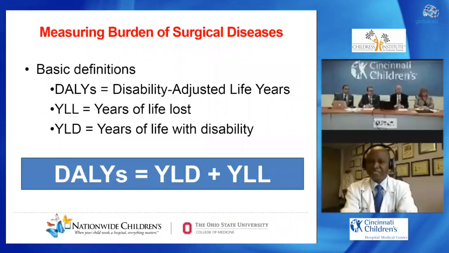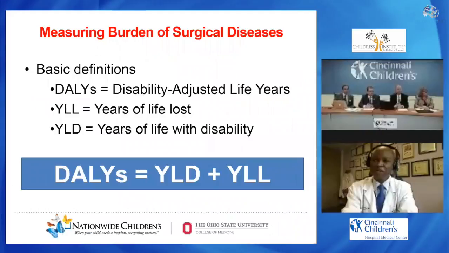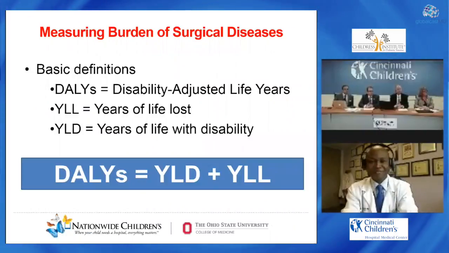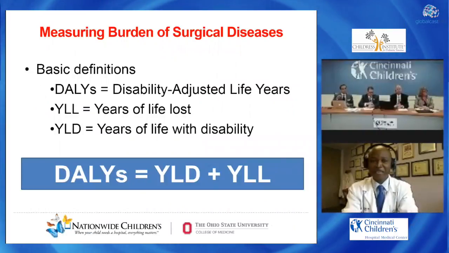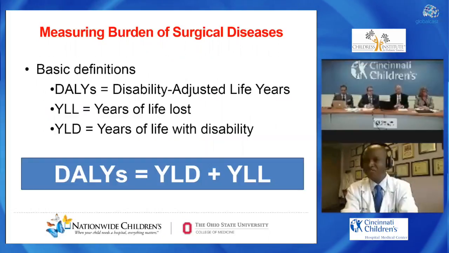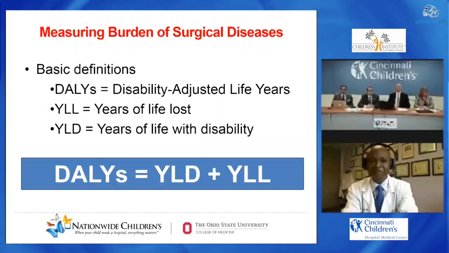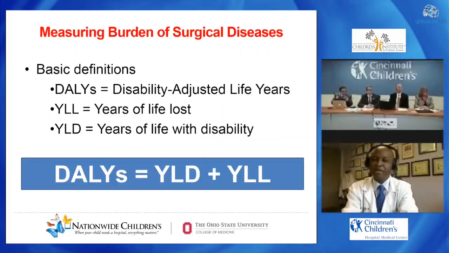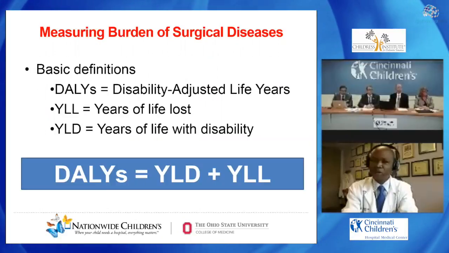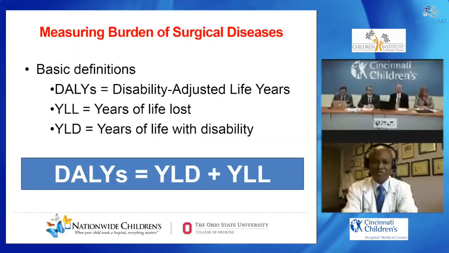Now, let's get to some basic definitions. When we talk about burden of diseases, we have to talk about DALYs. And I think everybody hopefully is familiar with the concept of DALYs, the disability adjusted life years, a metric that was first introduced in 1993 as a measure of the burden of disease.